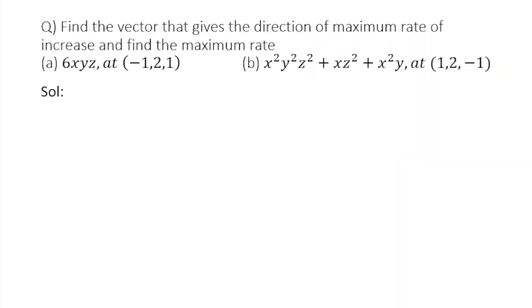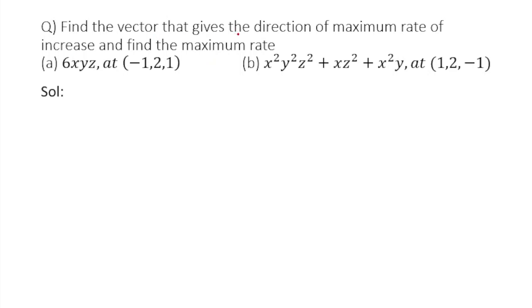So let's solve a few problems quickly, and then we will summarize the video. The first question is: find the vector that gives the maximum rate of increase, and find the maximum rate. So how to solve it?